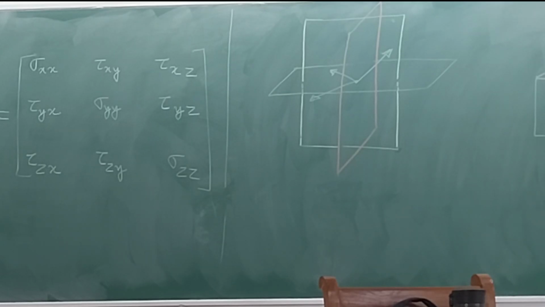The unsaid explanation is that there is a point inside it, and beside that point you have taken two parallel planes which are very, very close to that point. These two pairs, these two pairs, these two pairs, like this.